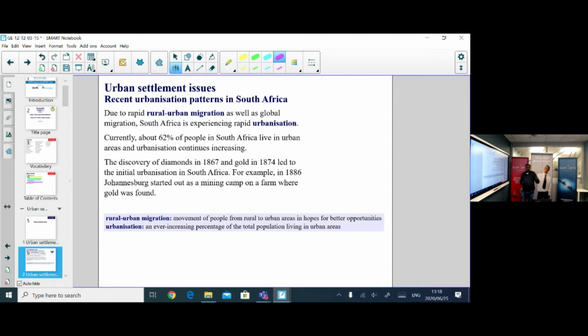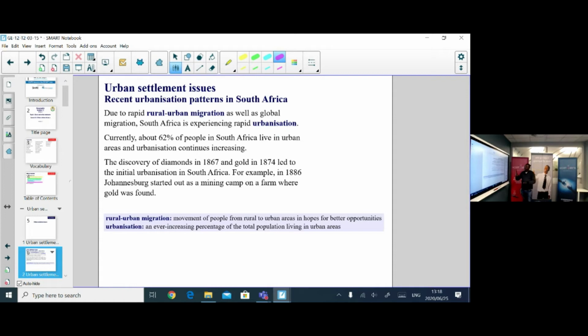The middle class white people, the low class white people, and the high class white people lived separately, as well as the Black African people living separate from the Indian and colored people, and so forth. So let's look at this. How are the patterns changing in South Africa?